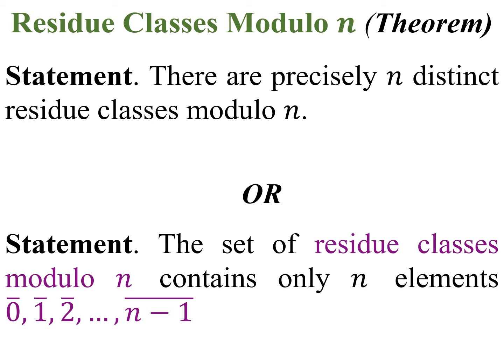So there is a theorem whose statement is: the set of residue classes modulo n contains only n elements, that are class of 0, class of 1, class of 2 up to class of n minus 1. This theorem is given in our syllabus as without proof, so we skip its proof.